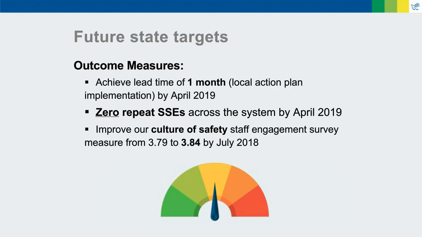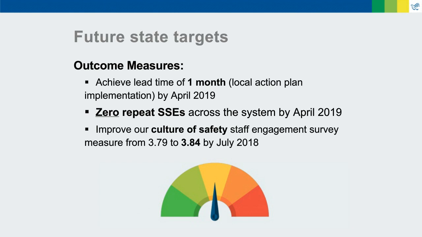So instead of a 9-month lead time, we committed to a 1-month lead time, where from the time an event occurred to the time we had an action plan that had been implemented and verified would be a month. We also committed to 0 repeat serious safety events across the system by April 2019.